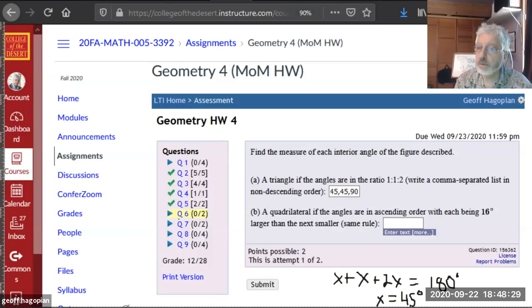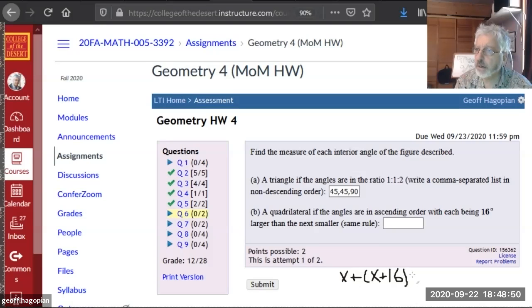And so, I'm going to clear the decks here so I can have some more space. And what can we write here? If the smallest angle is x, then the next smallest angle is x plus 16, right? 16 larger. And the largest angle, I guess, is going to be 16 larger than that. And so that's going to be x plus 32.